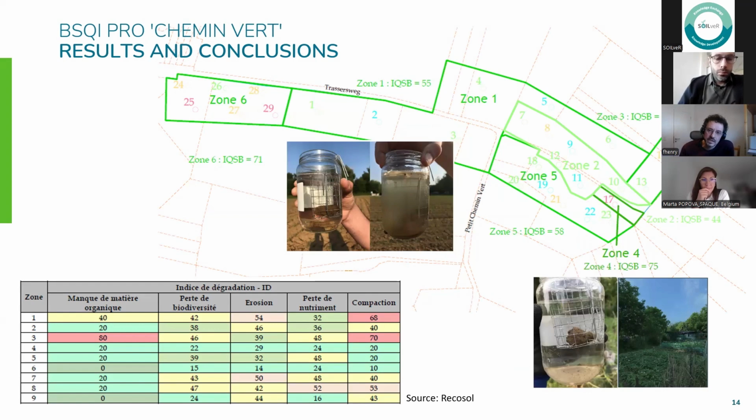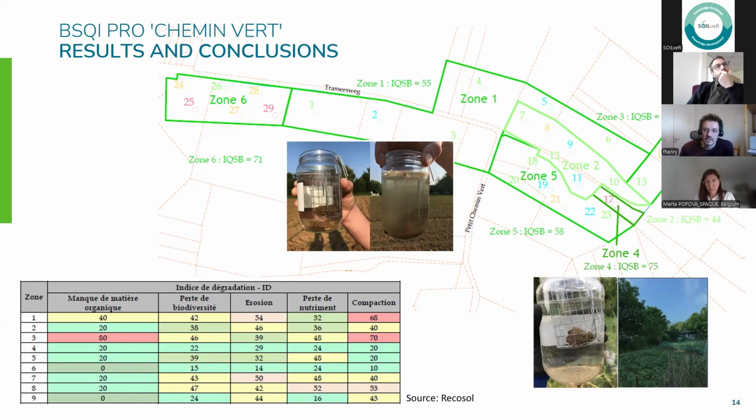The BSQI is a decision support tool, but also a diagnostic tool. In this case, the question is to identify degraded areas and find solutions for rehabilitation. We will first analyze the degradation index and then, more finely, the parameters to identify the problem as well as possible solutions.